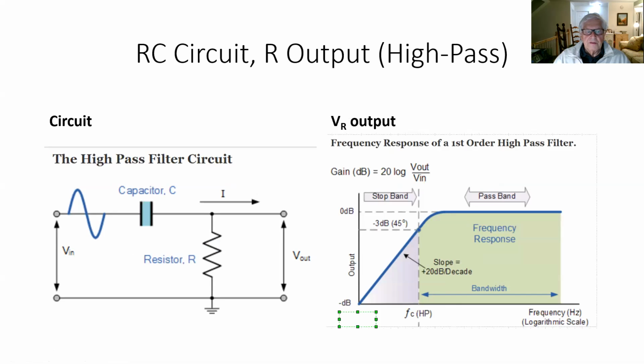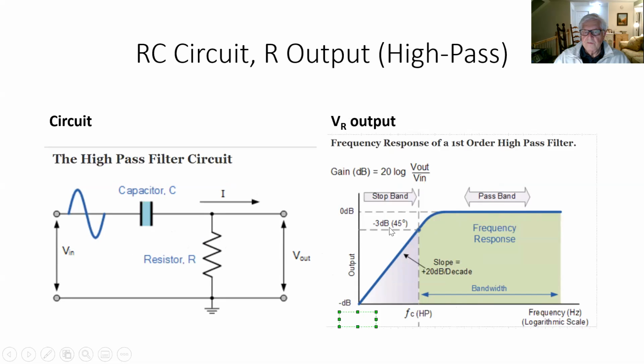If we take, on the other hand, instead of looking at the output from the capacitor, we take a look at the resistor output by just switching the resistor and capacitor around, we get the opposite effect. And here low frequencies are blocked, but high frequencies are passed.